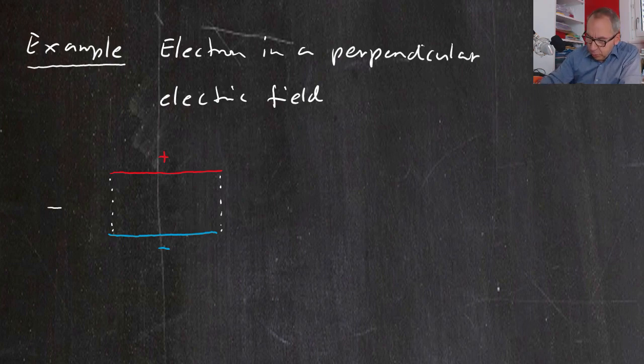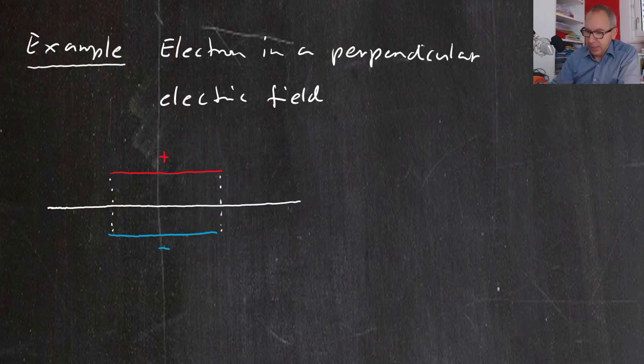The electron will start here on the left and move to the right, but not along this line. The electron is moving along this line if I have no charges on the plates, but these plates will cause a force acting on the electron. So I draw this electron with an initial velocity v0 to the right.